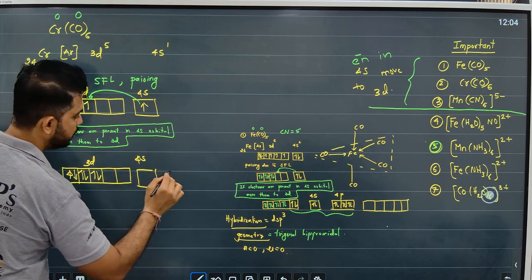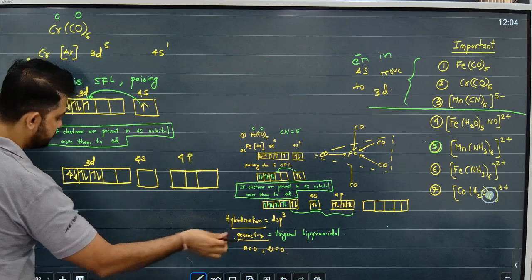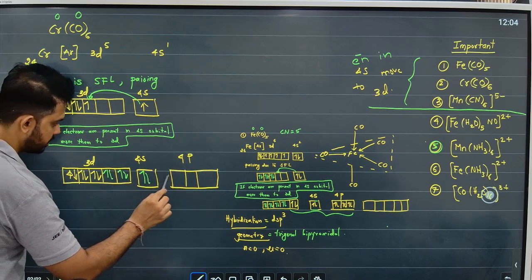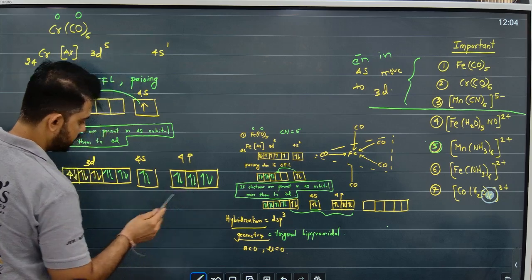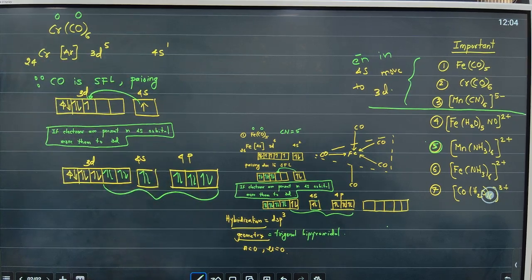How many lone pairs do we have to accommodate? 6. Where will I start from? क्या लिखेंगे हम यहाँ पे? Electrons from ligands. Quick hybridization. Geometry.